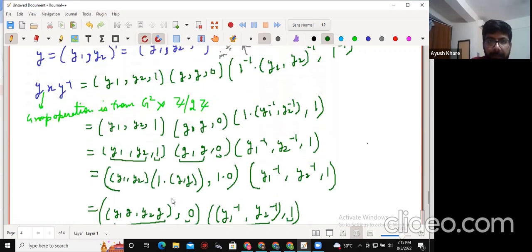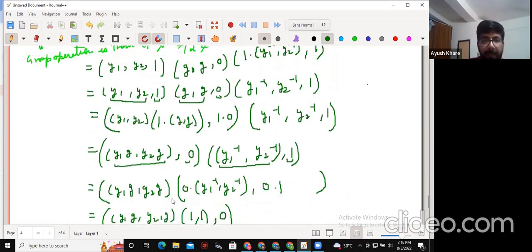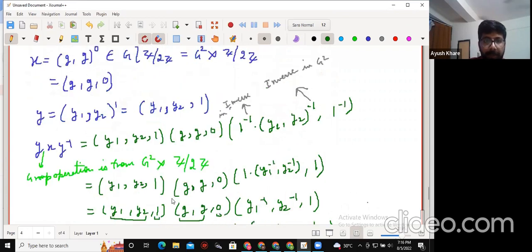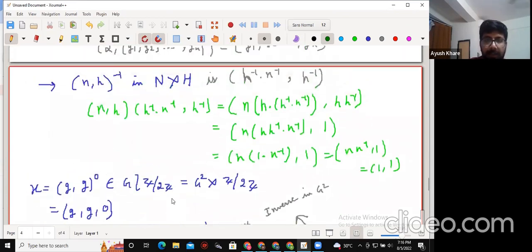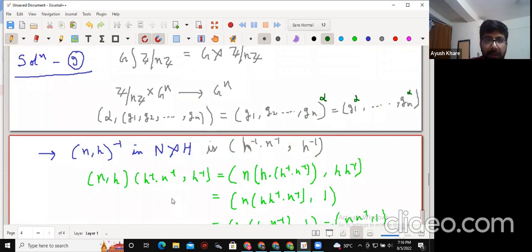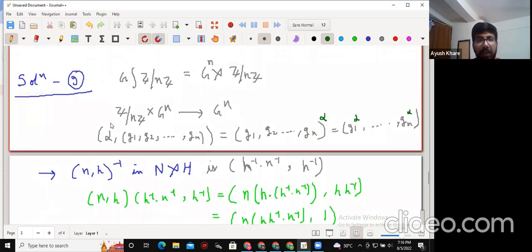Okay. So that's it. I am restating all things of this question again so that you guys can recall. So G direct product with Z modulo NZ is Gn semi-direct product with Z modulo NZ, and the action with which the semi-direct product is defined is Z modulo NZ cross Gn, sending it again this tuple to Gn in this manner.